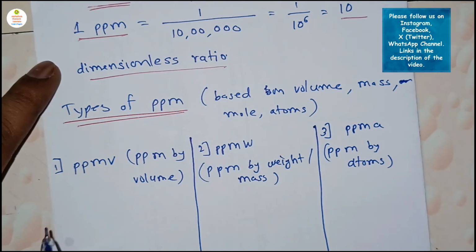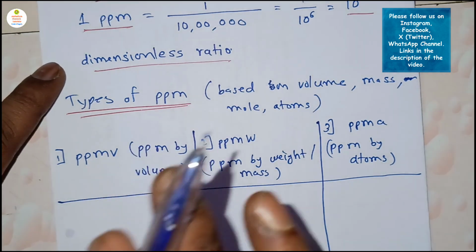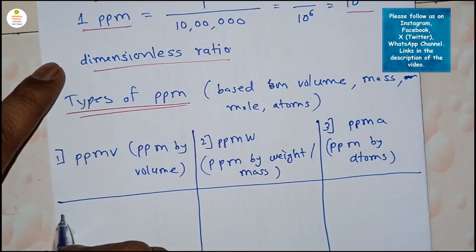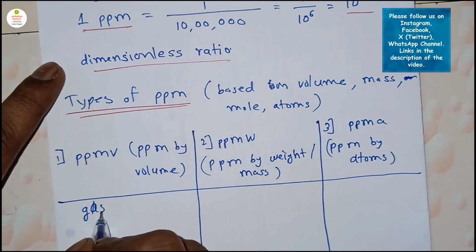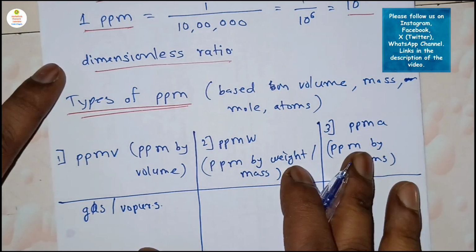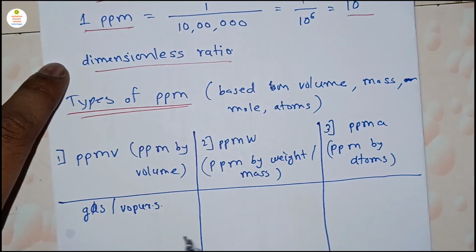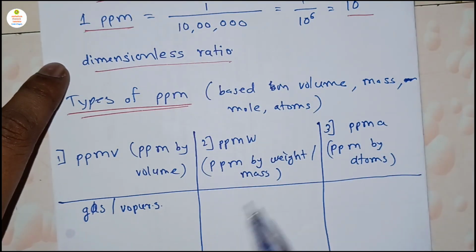Further, ppmv is used for gas or vapors in a mixture, in a gas mixture you can call, and ppmw is used in liquids or solids.